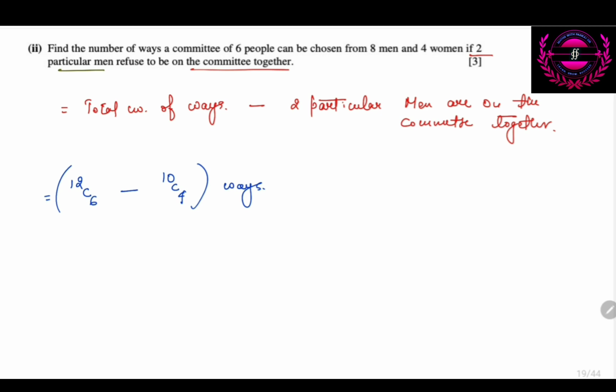Let's move to the next question. Read this question. Find the number of different ways in which the 12 letters of the word steeplechase can be arranged so that all the 4 E's are together. So we will take all the E's as 1.